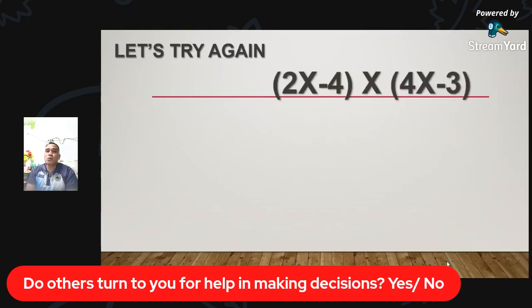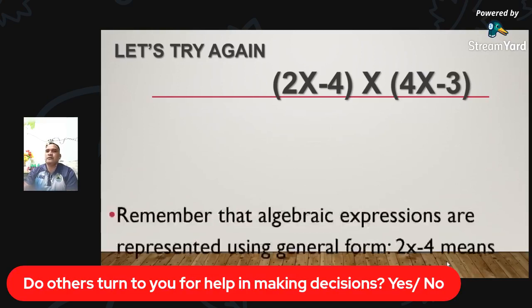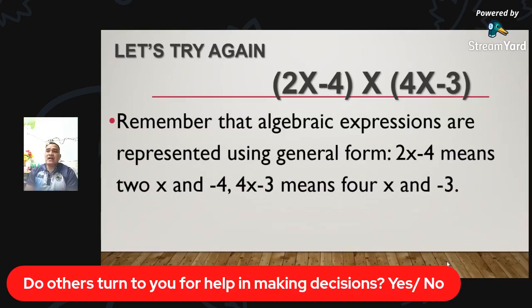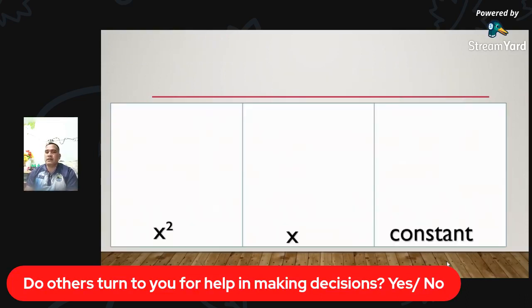So we have 2x minus 4 multiplied to 4x minus 3. Remember again that algebraic expressions are represented using general form. So 2x minus 4 means 2x and negative 4. Then 4x minus 3 means 4x and negative 3.